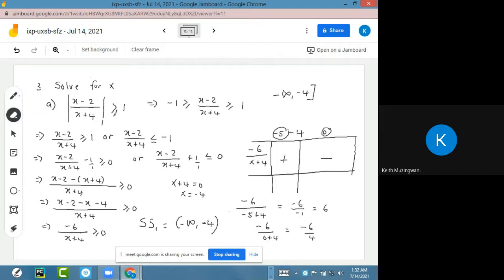Now that it's coming from the denominator, we cannot close it, meaning we cannot include negative 4, because if we include negative 4, we have 0 in the denominator, which makes everything undefined. So take note of that. We do not include a critical value that is coming from the denominator, even if we have greater or equal. So let's keep solution set 1 and look for solution set 2.